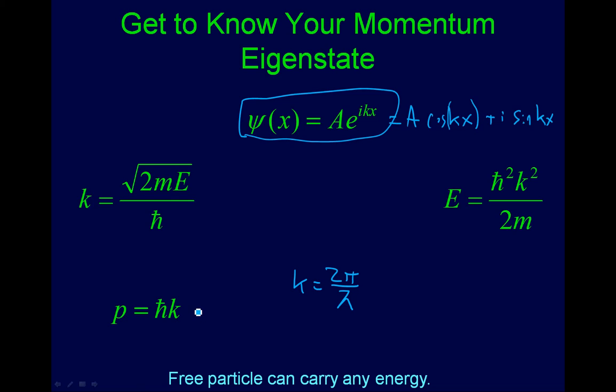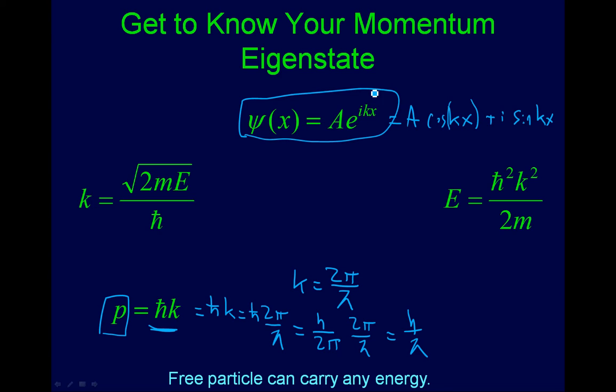Let's take this quantity here, p equals h bar times k. If we write that in terms of 2 pi over wavelength, h bar is, of course, h over 2 pi. Because of the way we've expressed momentum as Planck's constant over a wavelength, one way we can express our momentum is h bar times k.